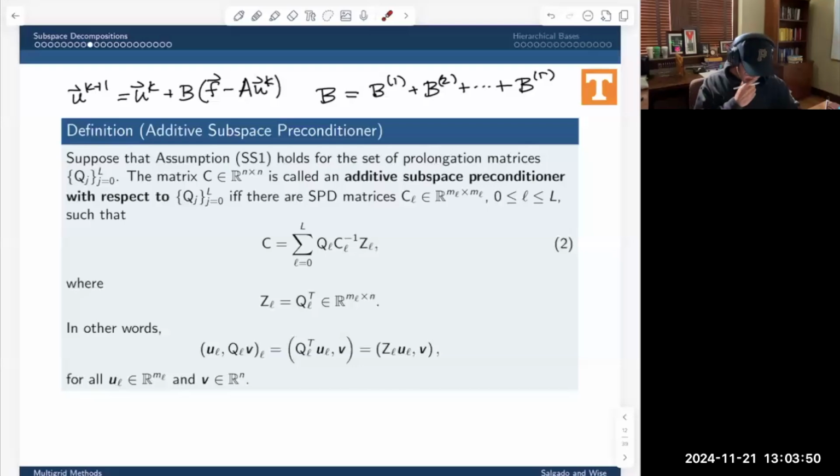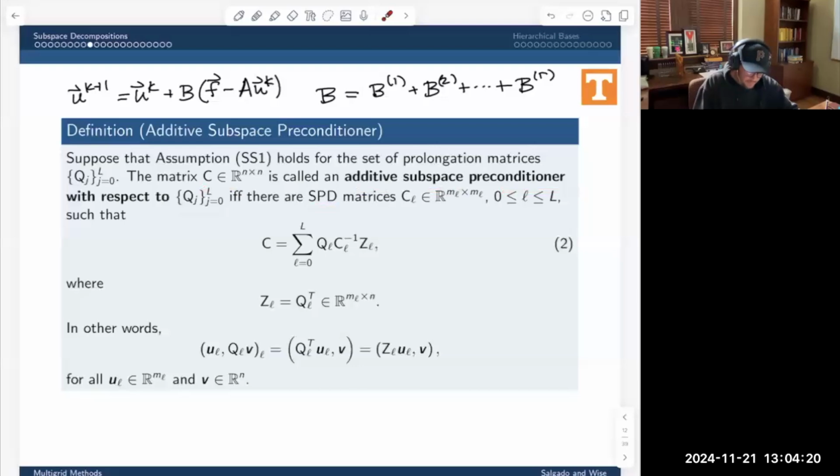Okay, so let's assume that assumption SS1 holds. So we have our set of prolongation matrices that support a subspace decomposition for R^n. So here's that set of prolongation matrices. The matrix C is called an additive subspace preconditioner with respect to this subspace decomposition if and only if there are SPD matrices.